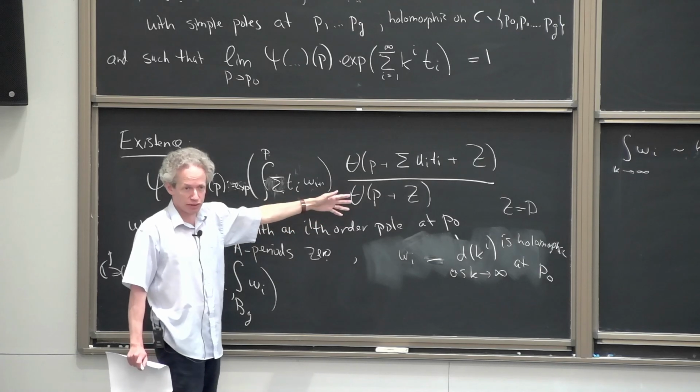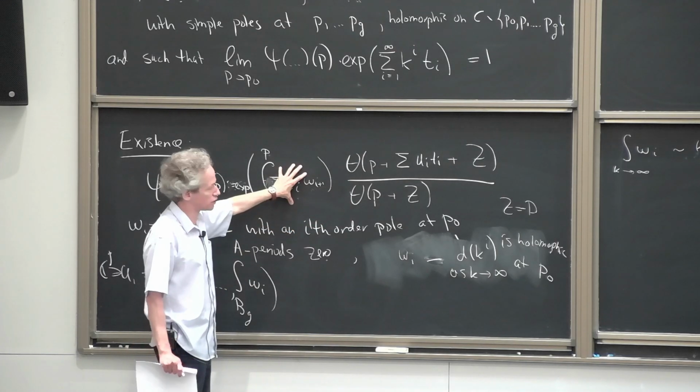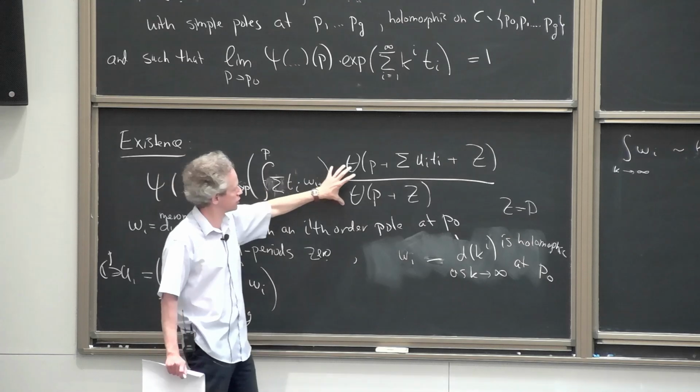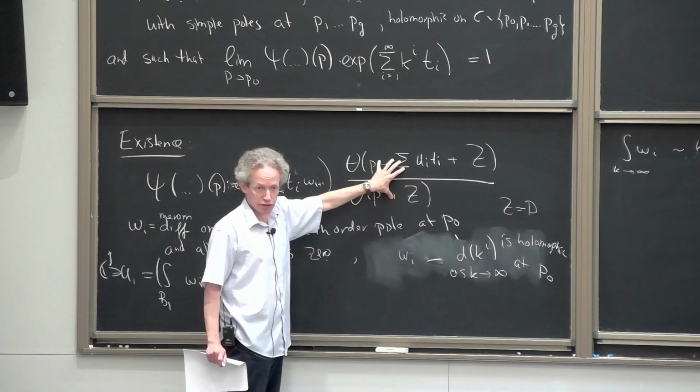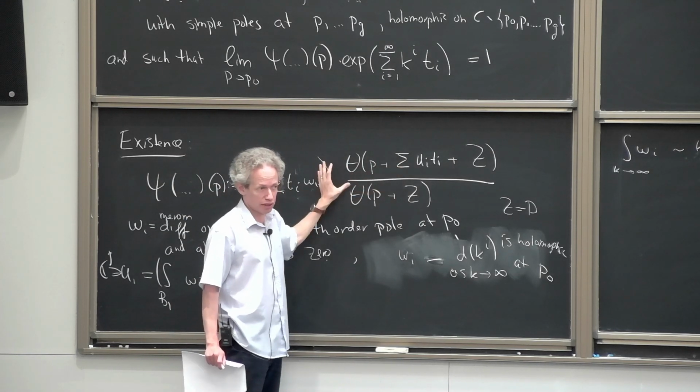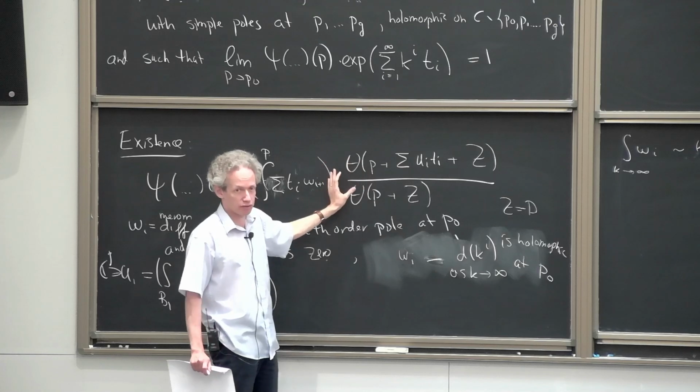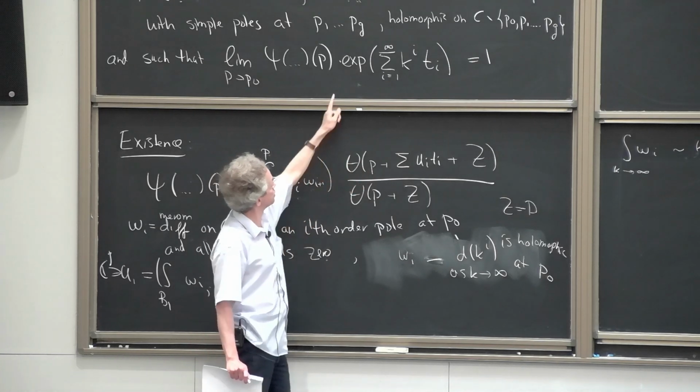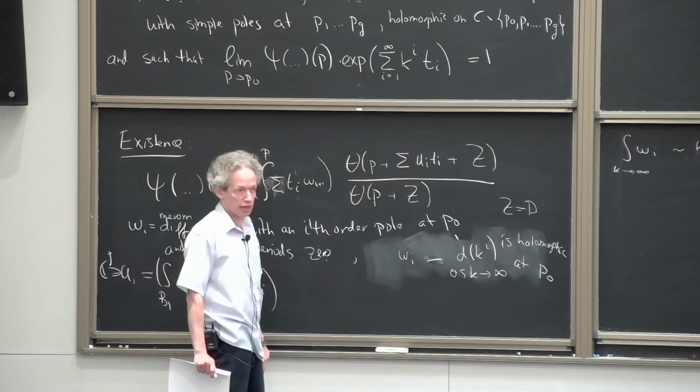This is not a computation I'm going to do, but it's possible to rather easily compute the transformations. Once you are done with that, this is a formula that will define a function that has this singular part.